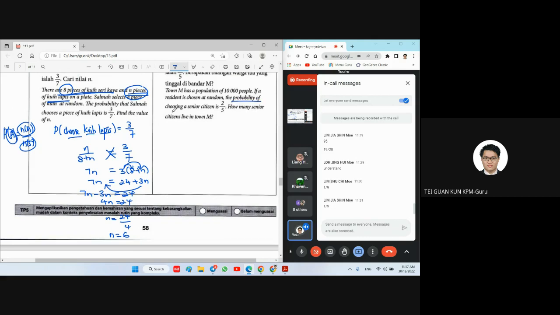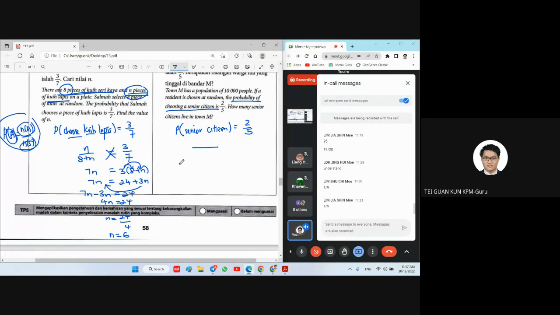So the probability of choosing a senior citizen is 2 over 5. So use this formula: probability of A equals the number of A divided by the number of the sample space.